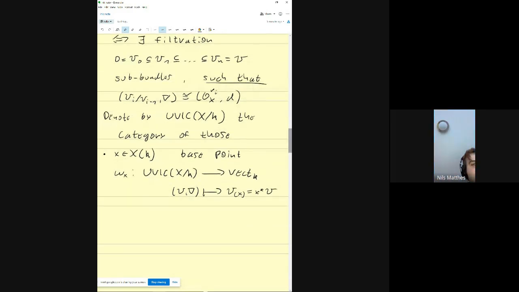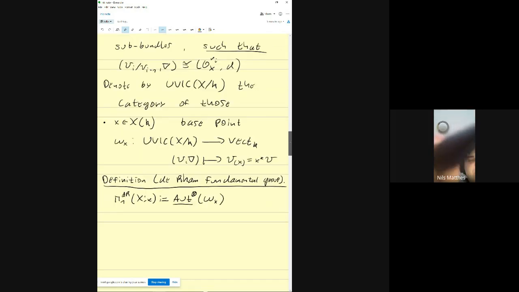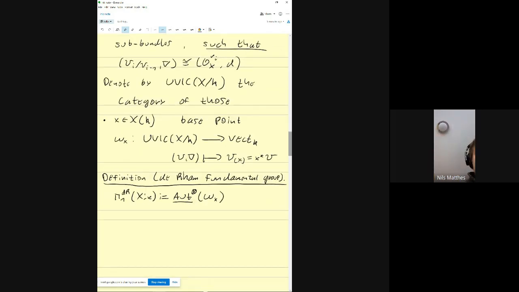All right, and now at this point, I can already give you Deligne's definition of the de Rham fundamental group. You define the de Rham fundamental group pi_1 dR to be the automorphism group of this fiber functor. And in fact, you only take automorphisms which commute with the tensor product.